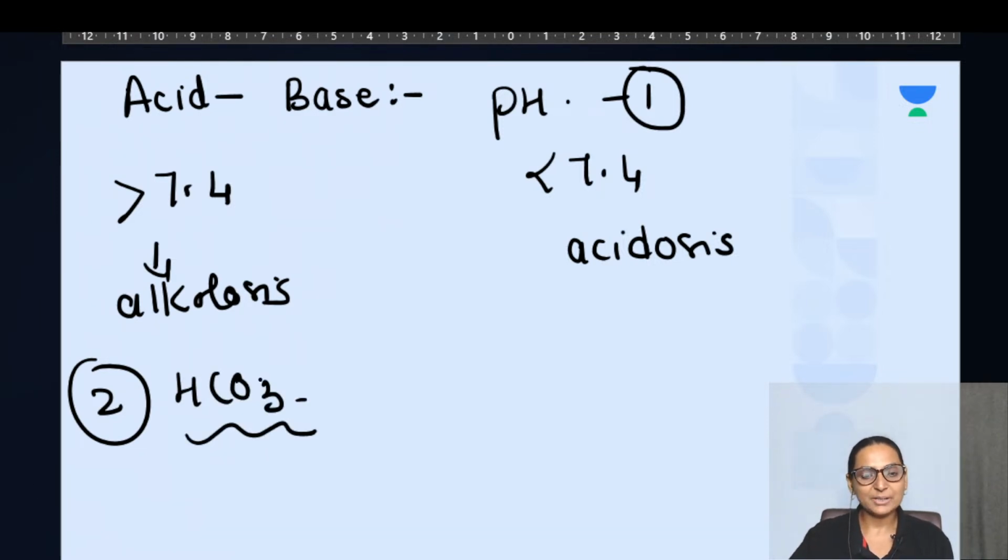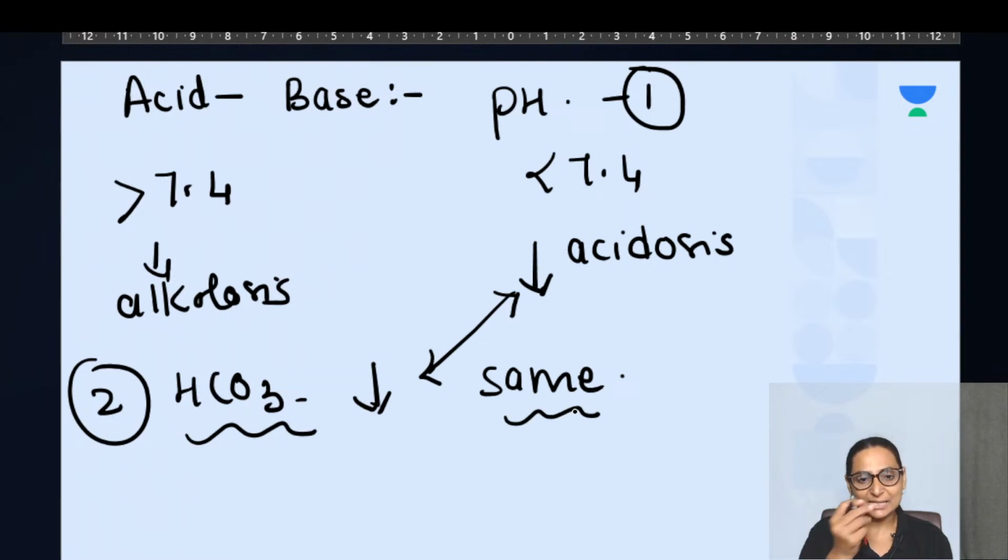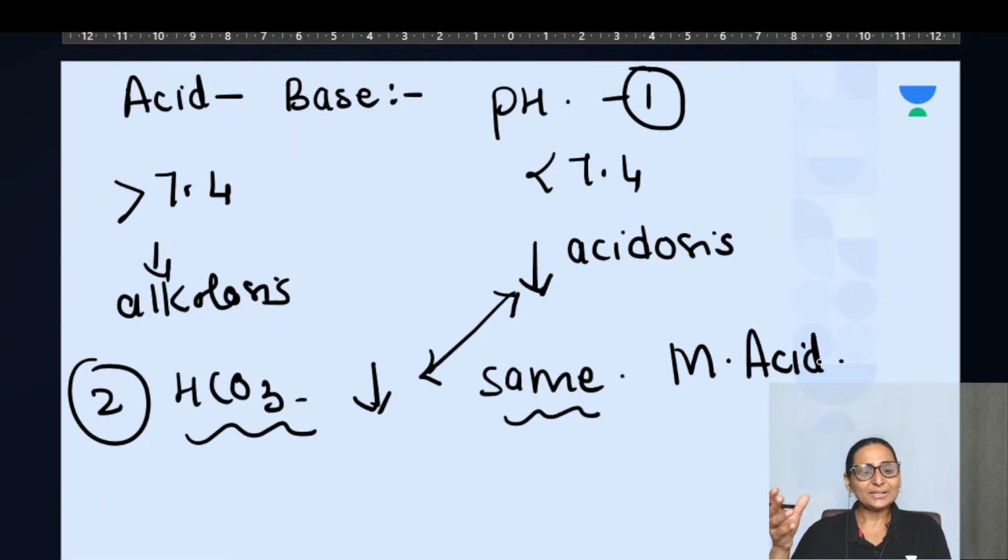Now, if the pH is less and the bicarbonates are also less, that means the direction of both is the same, the arrow marks of both are down, so it is metabolic acidosis. When it is metabolic, the reason is bicarbonate. When it is respiratory, the reason is your carbon dioxide level. That means a respiratory cause will be there.